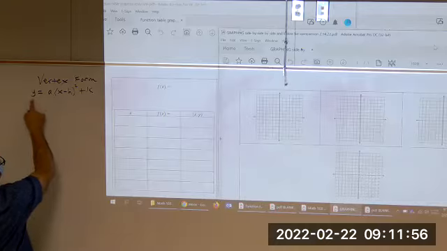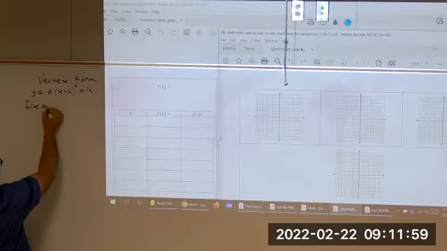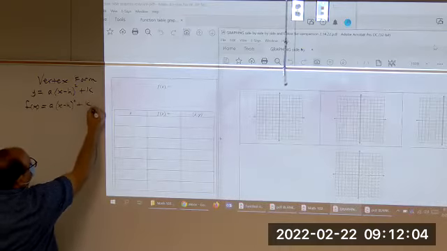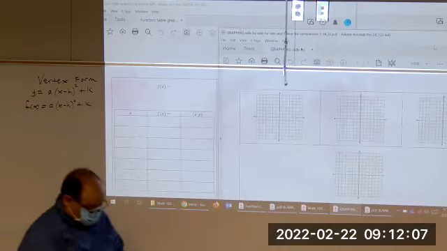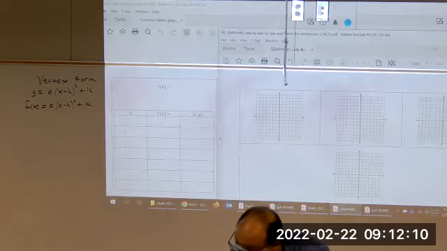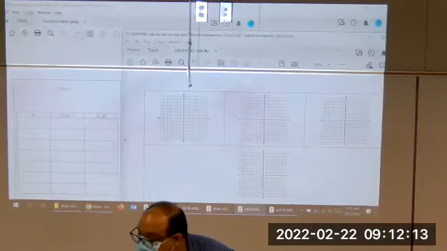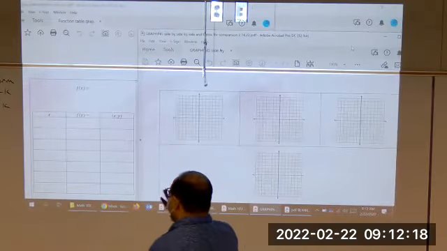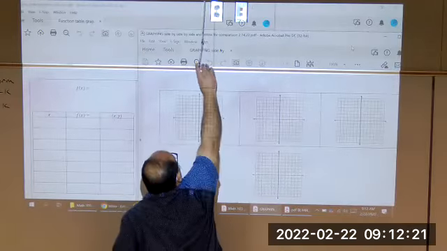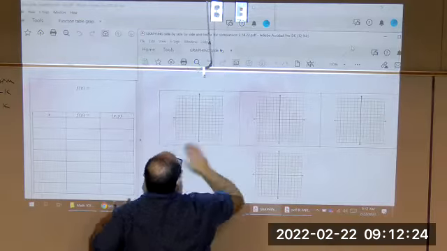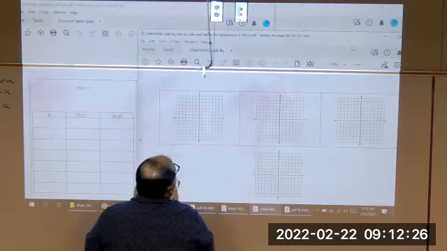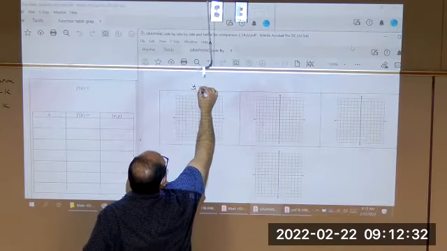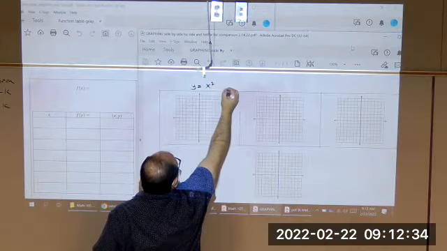Now remember, it could be a y or it could be written as f of x. A times x minus h squared plus the k. So we have something to compare this, I'm going to put this right here as our y equals 1 times x squared.